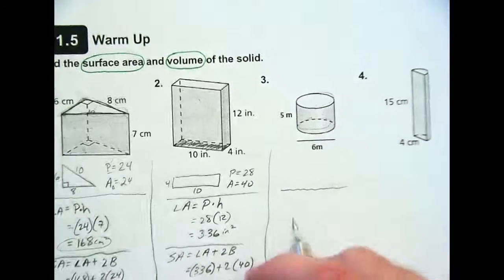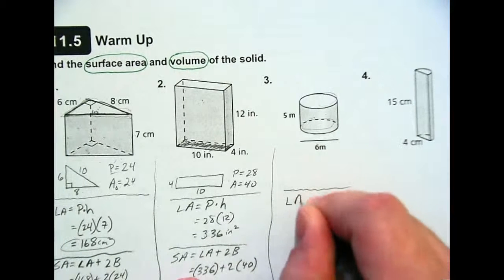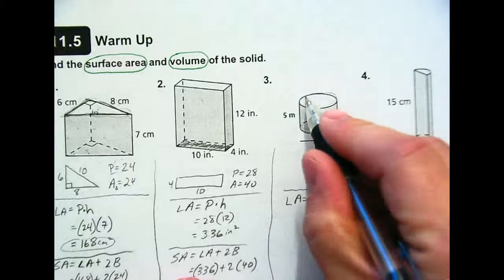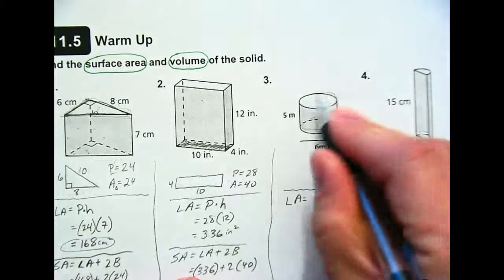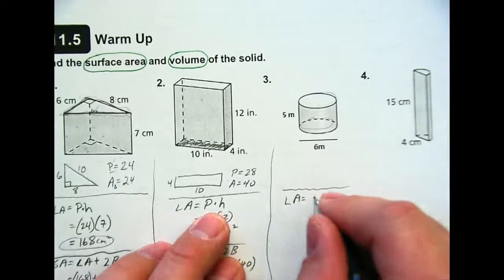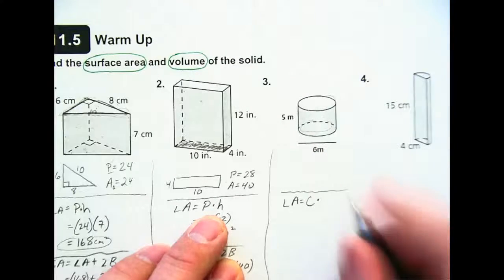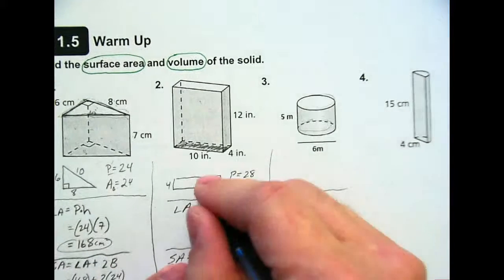It's a rectangle. And to find the lateral area, we don't really call it perimeter anymore because a circle doesn't have perimeter, or at least it's not called perimeter. What do we call it? Circumference. So rather than perimeter, we can call it circumference. But we still multiply it by the height. Same thing.